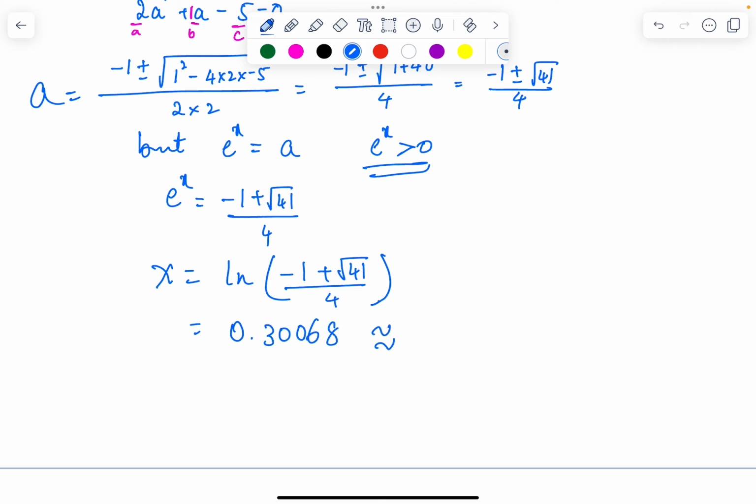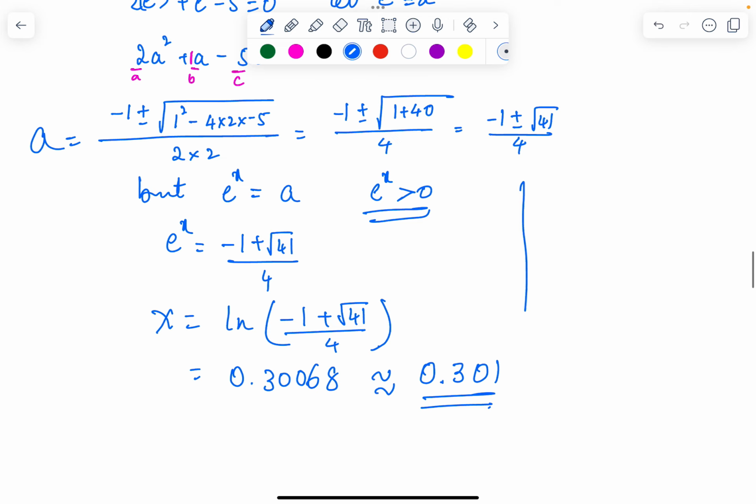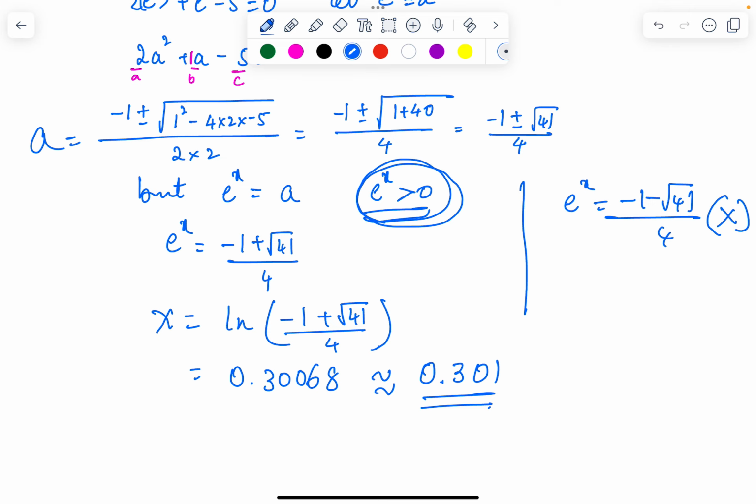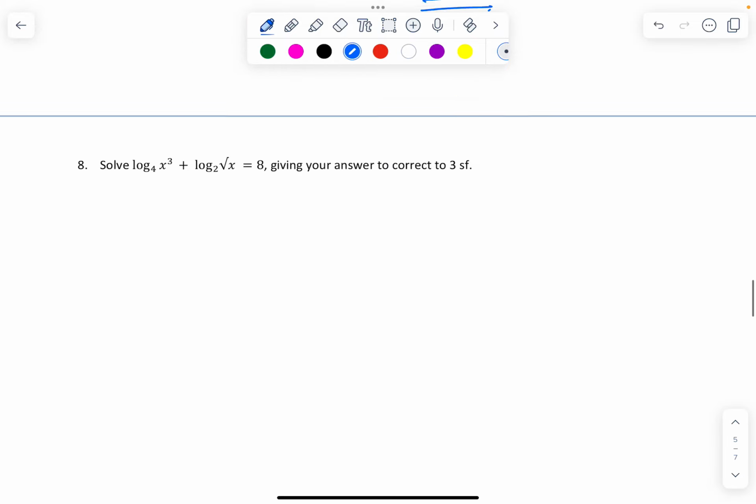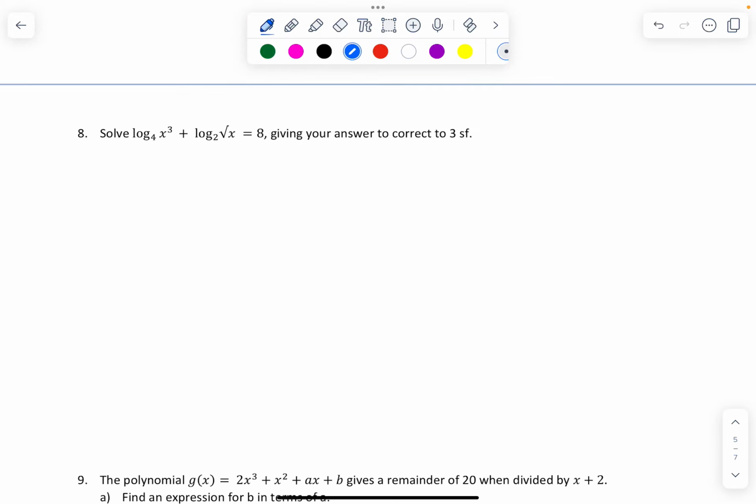I will change it to 3 significant figures. So this gives me 0.301. This is the answer. And we cannot use the other one, e to the power of x equal to negative 1 minus square root of 41 over 4. We have to discard it because e to the power of x must always be greater than 0.